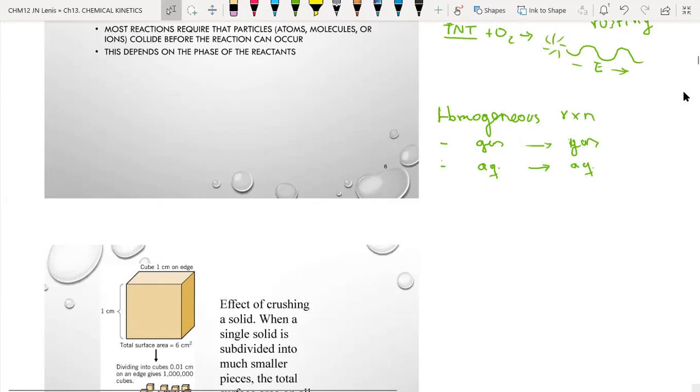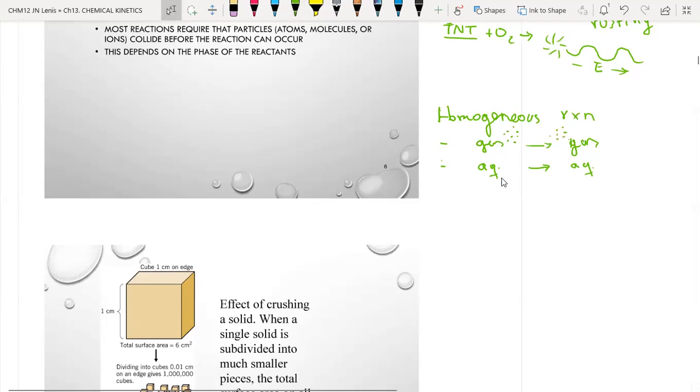There's more chance for collisions between particles, and once the particles collide effectively, they can react. Molecules move at a certain average kinetic energy, which is the temperature, so there are more chances of collision here, and the reaction can go fast.